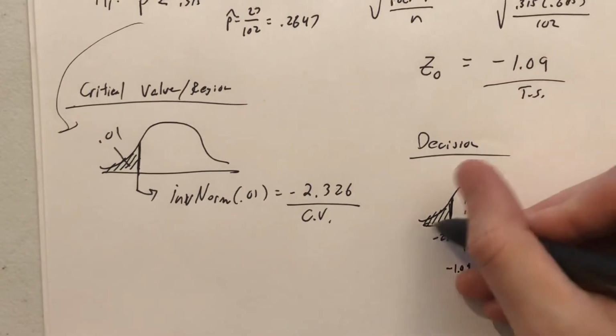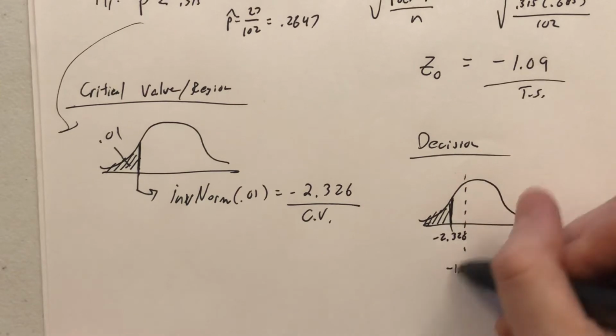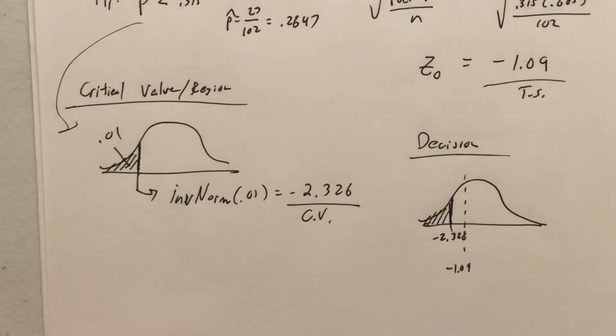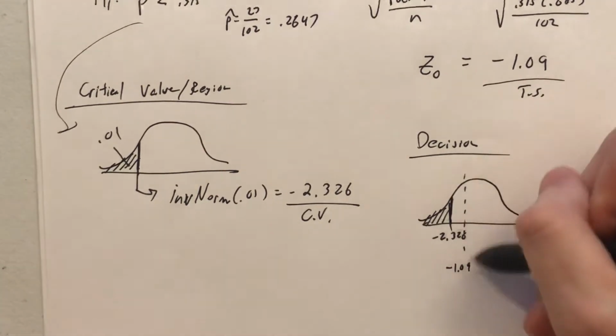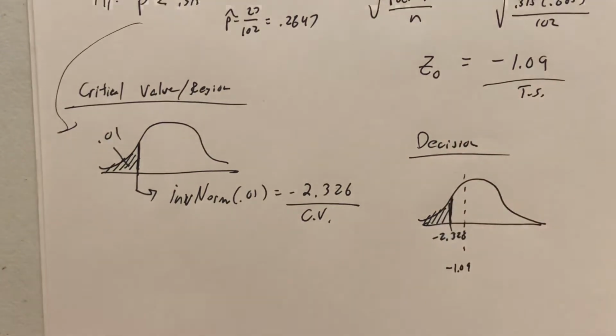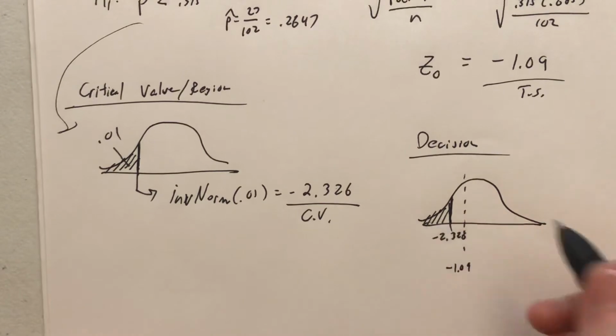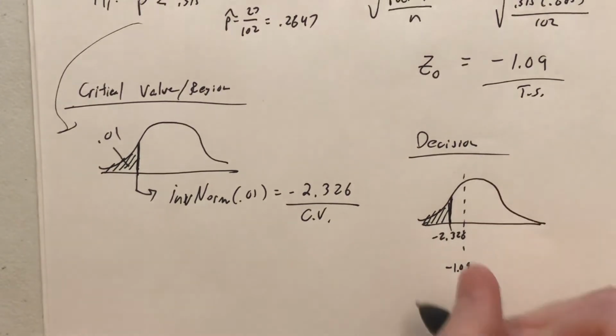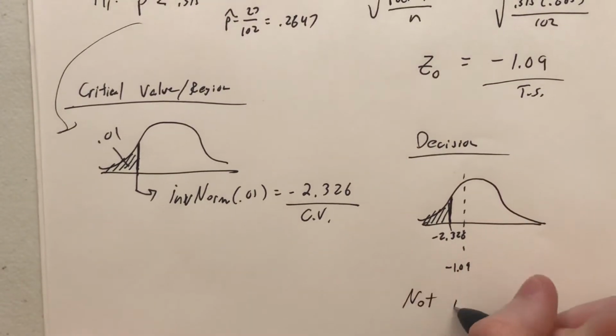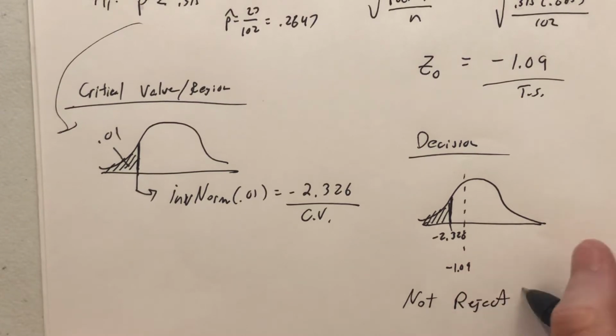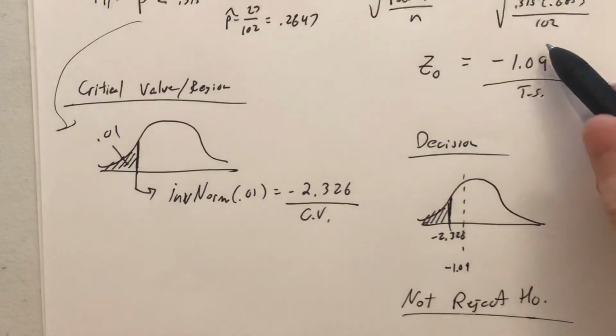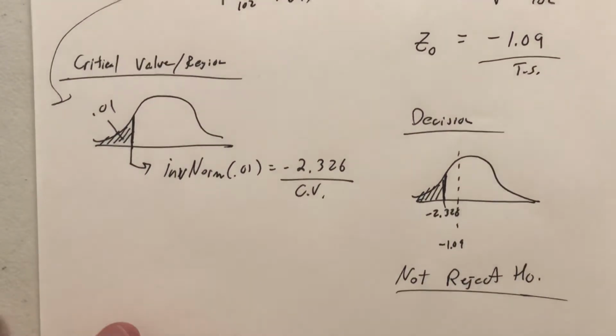It's not to the left of, it's not lower than negative 2.326. So it's somewhere outside of that critical region, which we also call a rejection region. So if you're not in there, then we choose to not reject the null hypothesis because our test statistic was not within that region.